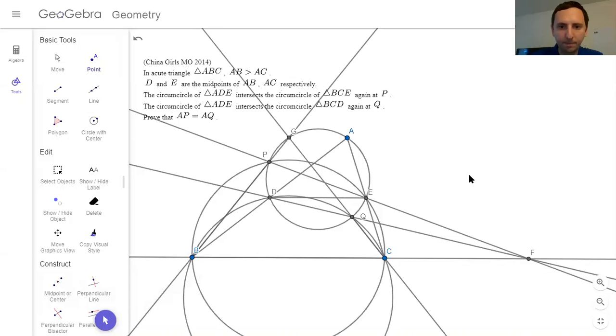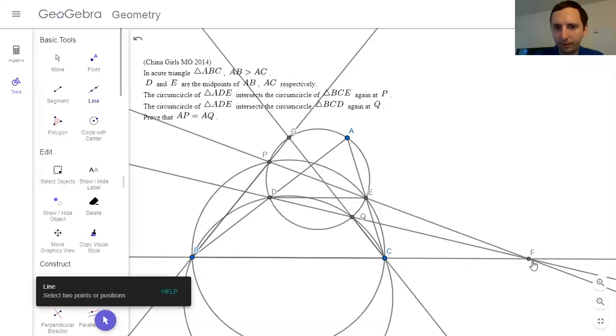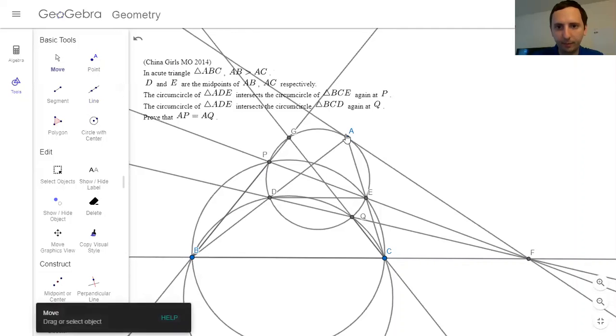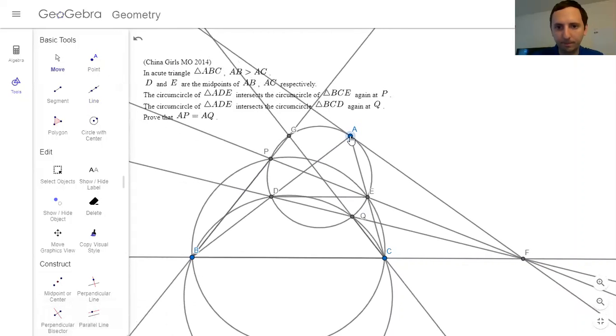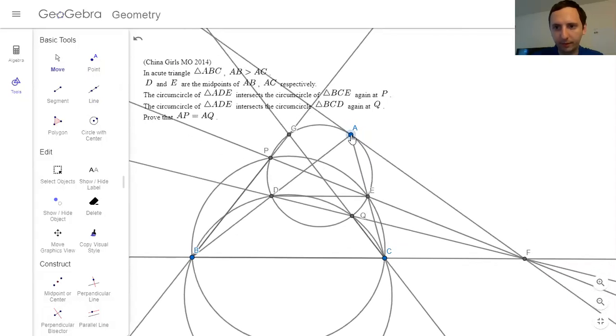So I think if we can show that, we're well on our way. Can I draw AF? Yes. But I feel like AF might be tangent at A. Yeah. Looks like it.